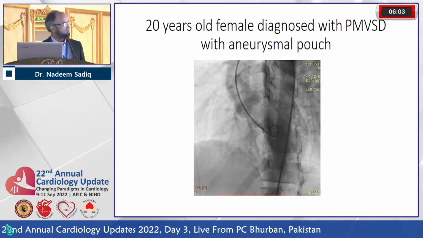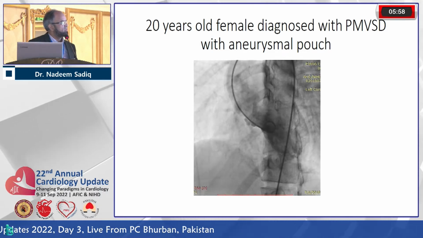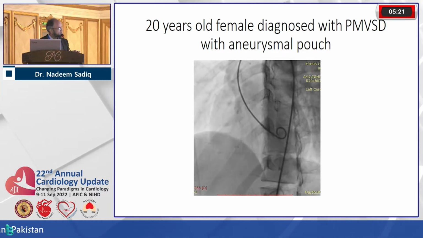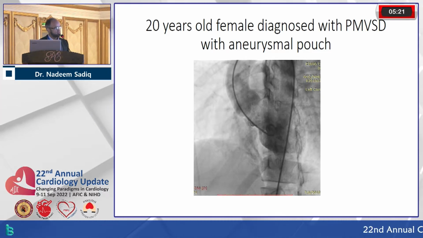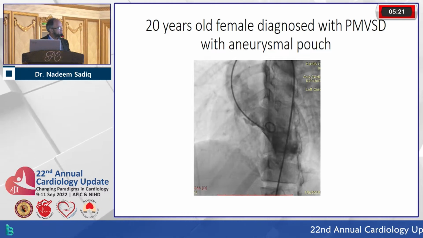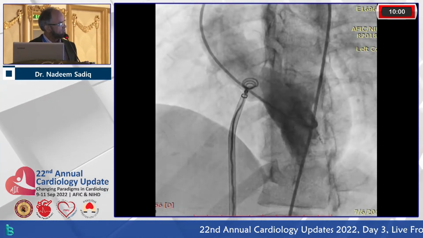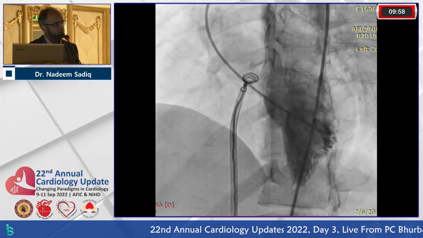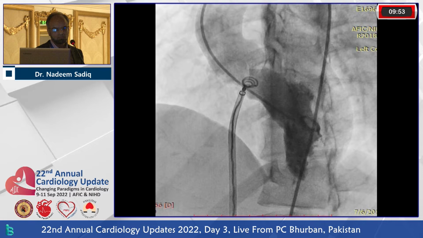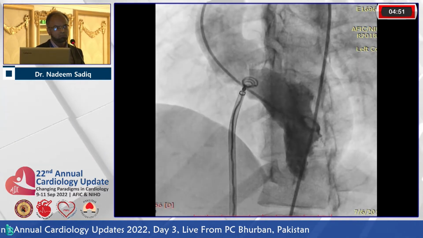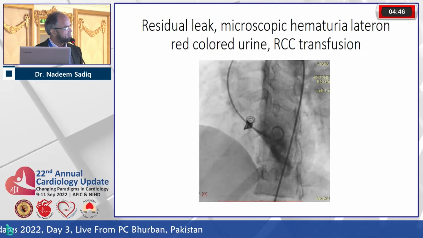Next patient was 20 years old female, diagnosed as a case of perimembranous VSD with large pouch, and the device selected in this case was PFM Nit-Occlud. After making arteriovenous loop, the device was deployed, an 8/6 device was selected, and after confirming the device position, the device was released.